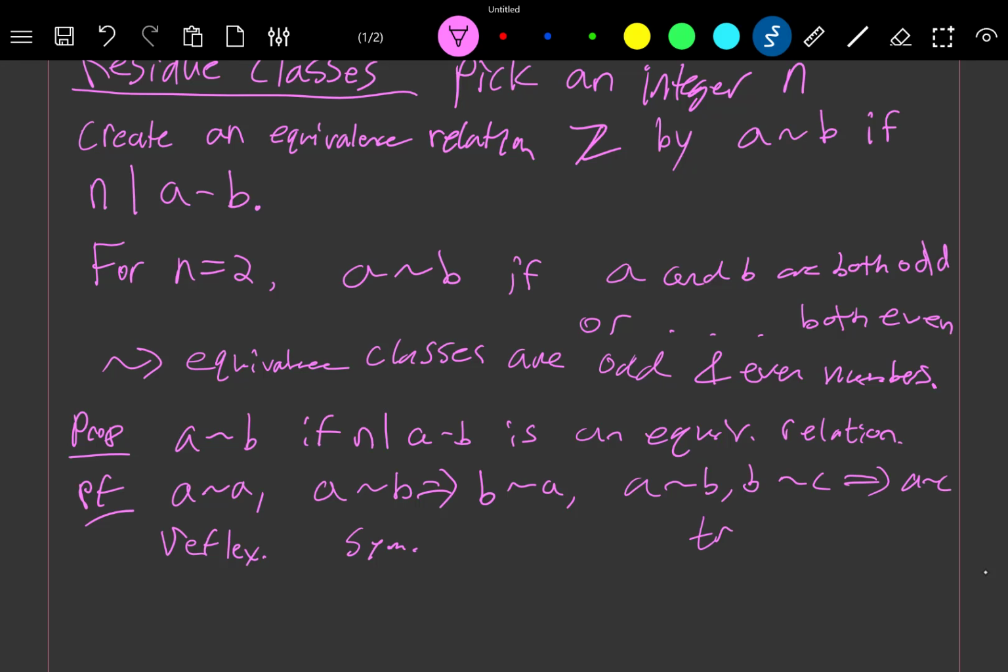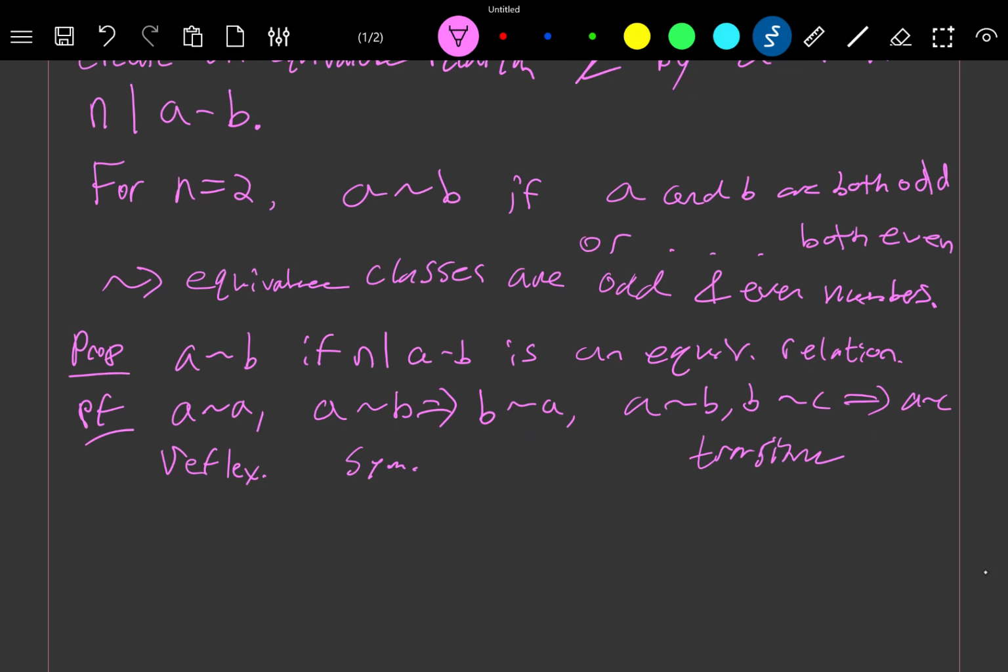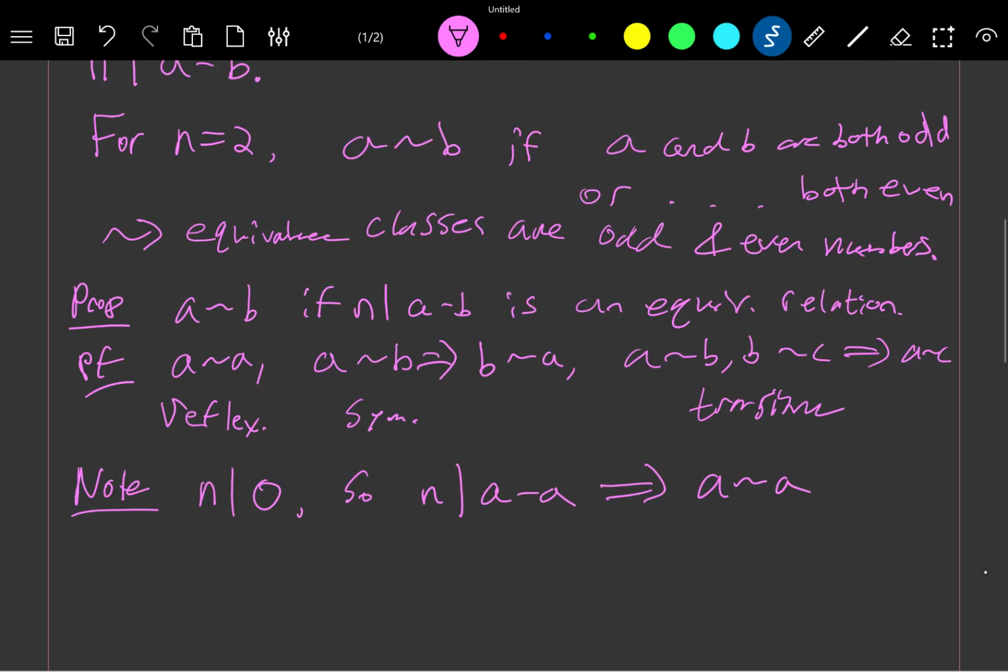This is called transitive. If we take a equivalent to a, we note that n divides 0, so n divides a minus a. That implies a is equivalent to a for every element a.